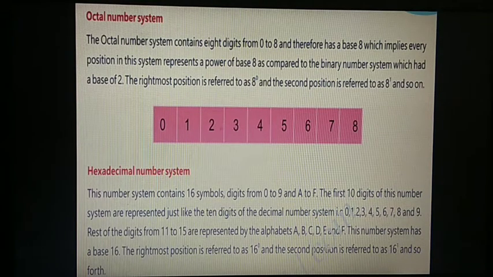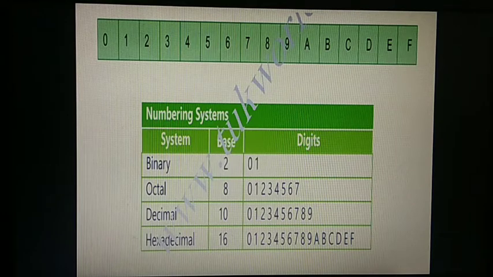Whereas for the hexadecimal number system we are using numbers as well as alphabets.